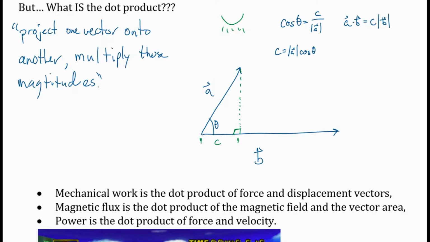Now, again, I just finished this whole big thing about how you can't just multiply two vectors together, but neither of these are vectors. C is a value, it's just a length, and the magnitude of B is also just a length. But then I can say, well, what is C? It's the magnitude of A times the cos of theta, and then I multiply times the magnitude of B. So just replacing C with that, okay?